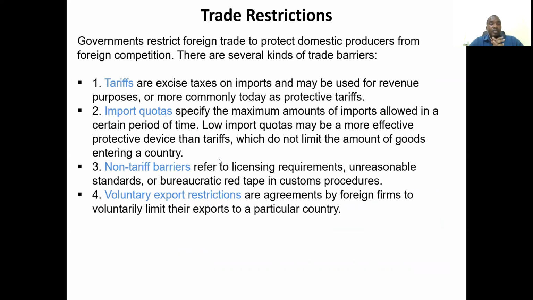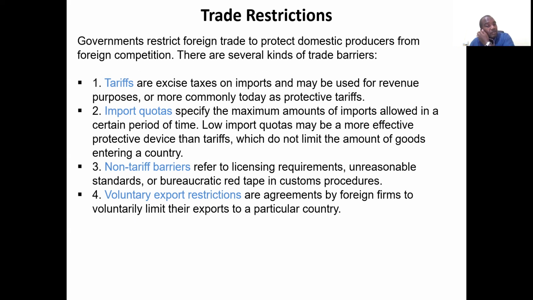Then we look at trade restrictions. Governments from time to time restrict foreign trade to protect domestic consumers, and also primarily domestic producers from foreign competition. There are different kinds of barriers to trade, which include tariffs, which are taxes on imported commodities.